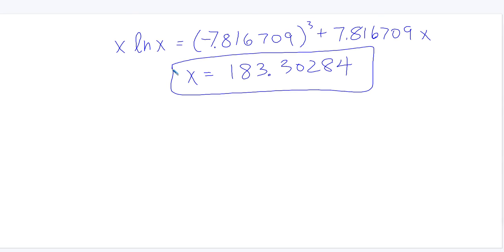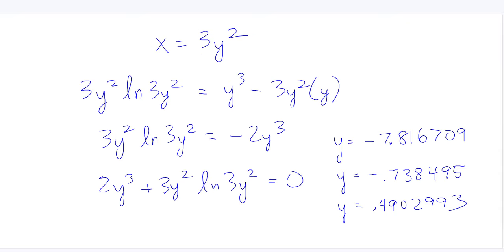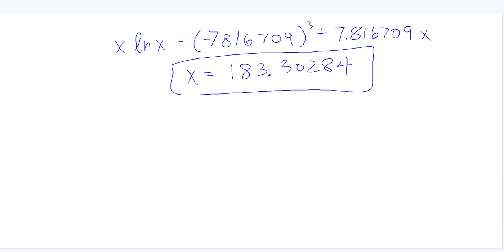So our next value that we had here was, I believe it was negative, we'll have to go back and look, negative 0.738495. So we'll plug that in for our y values.